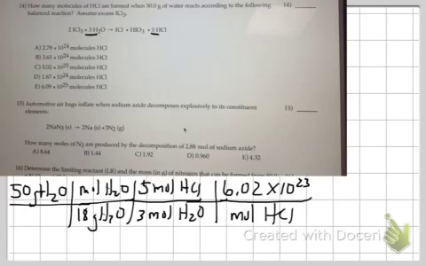So 50 divided by 18 times 5 divided by 3 times Avogadro's number. That should give you the answer.